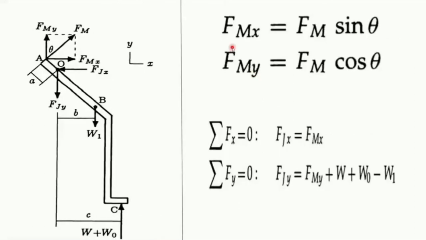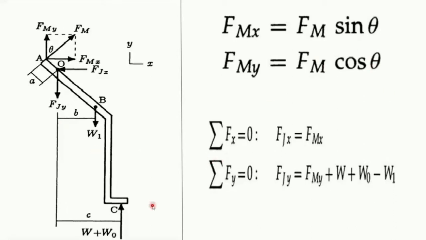Here we are going to discuss what Fmx and Fmy are. Fmx is opposite to theta, so it is Fm sine theta. Fmy is adjacent to theta, so Fmy is Fm cos theta. So we are done with the moment equation.